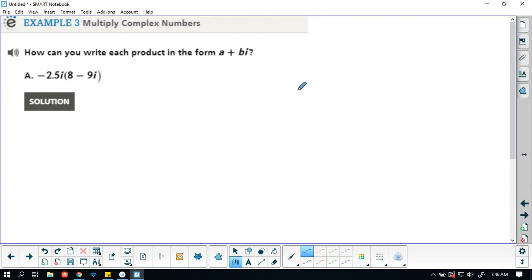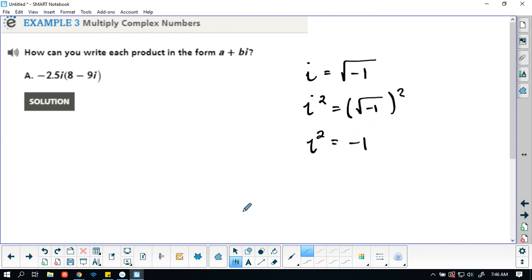If I have i, remember this is the square root of -1. But if I have i squared, we're taking the square root of -1 and squaring that. When we square a square root, it kind of undoes itself, which means that i squared is going to be -1.